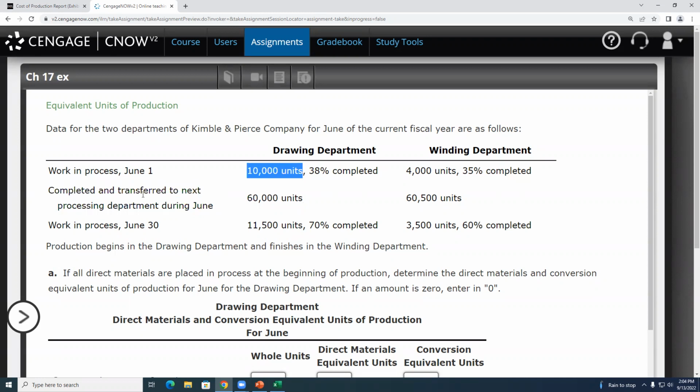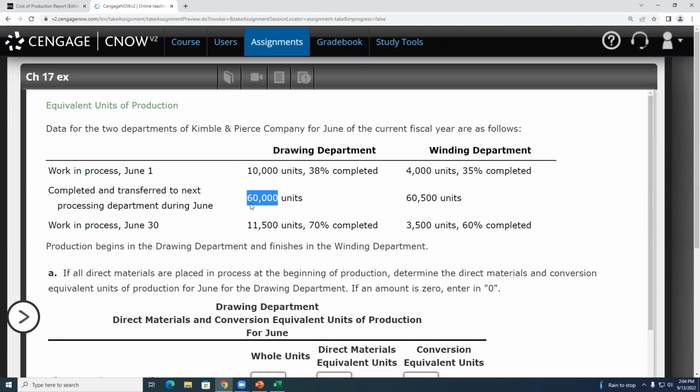I thought this was the units we started, and I am guilty of not reading before I started speaking. So completed and transferred out means we completed these 10,000 units plus another 50,000 units that we started this month. And I very much apologize for that. I hate when I do that.